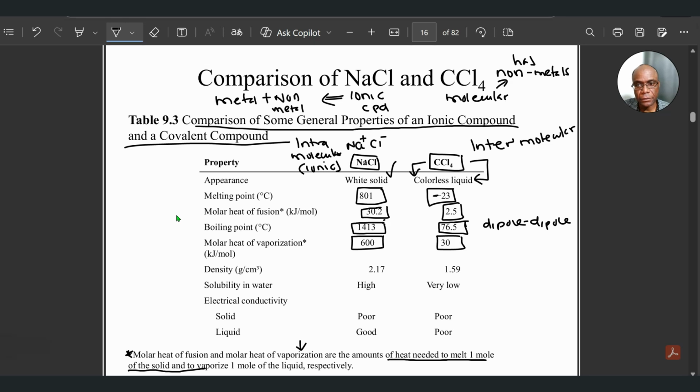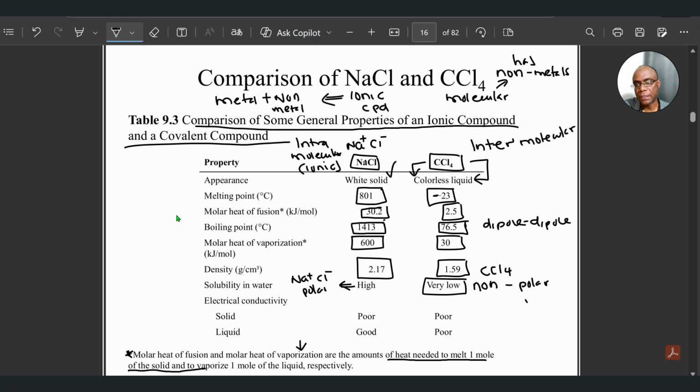Density. Sodium chloride tends to be more dense than carbon tetrachloride, again because of how compact the ions are in the crystal lattice. Solubility. Sodium chloride, because of the charges in Na plus and Cl minus, is polar, but solubility of carbon tetrachloride in water is going to be very low because carbon tetrachloride, CCl4, is really nonpolar.